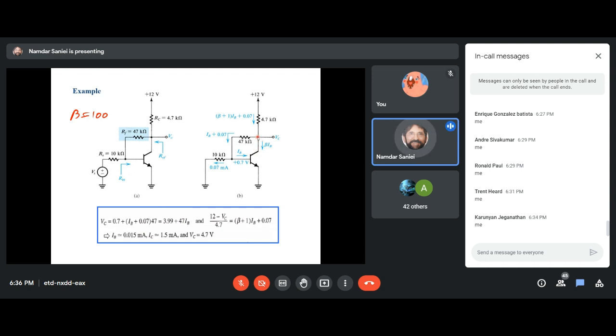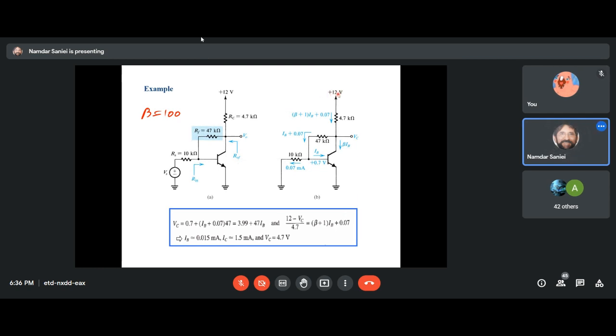Also, I can find VC by looking up towards the VCC. So VC is 12 volts minus whatever voltage drop we get across this 4.7K. So 4.7 times this current deducted from 12 is also VC.